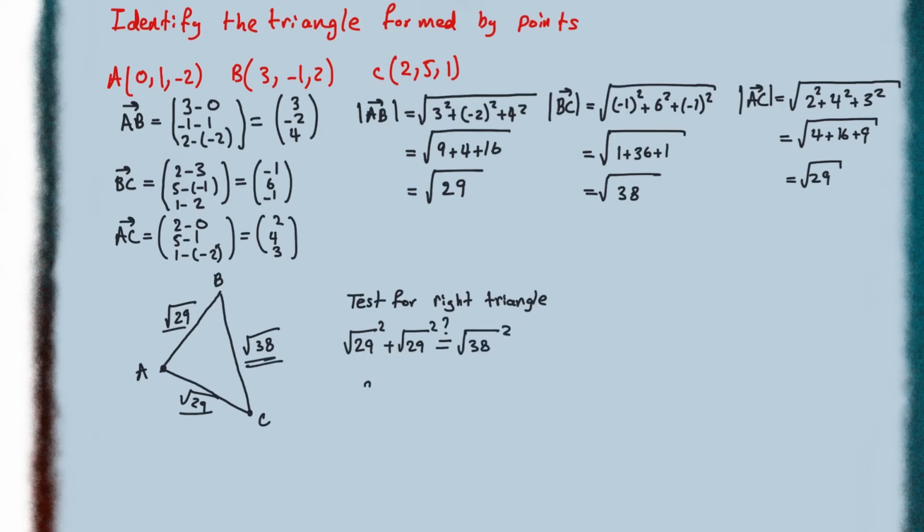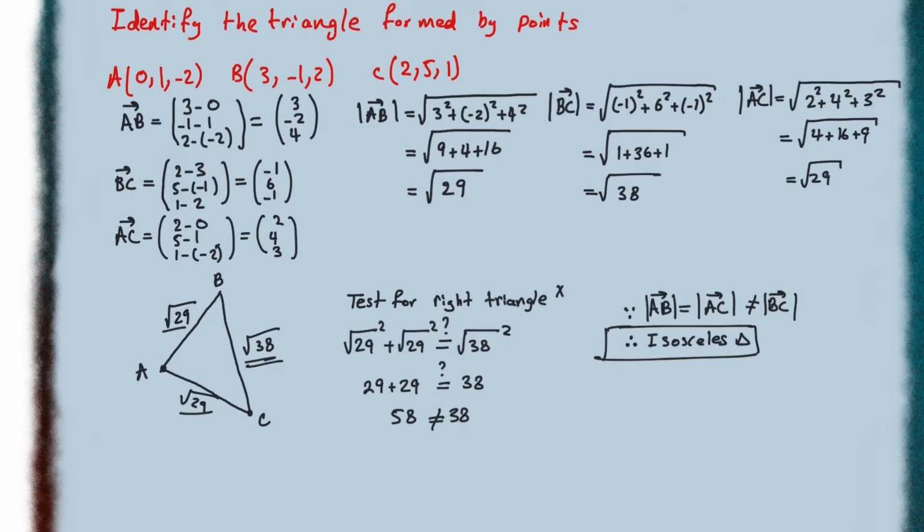Root 29 squared is 29, and root 38 squared is 38, and 29 plus 29 is 58, which does not equal 38, meaning that the triangle is not a right triangle. And now we know, since we have 2 sides that have equal magnitude, those 2 sides being side AB and side AC, then we have an isosceles triangle.